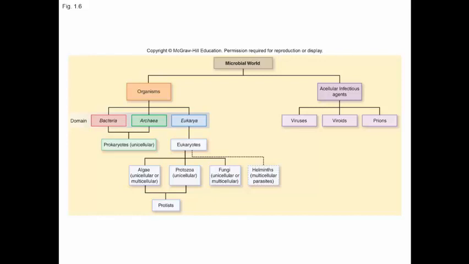The unique characteristics that separate eukarya from archaea and bacteria is they all have a nucleus. They all have membrane-bound organelles. Some are single-celled, such as protozoa. Others can be multicellular, such as the helminths. Helminths are those parasitic worms that you might hear about. We'll get more into that later.